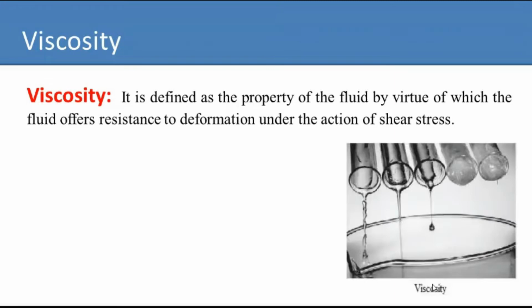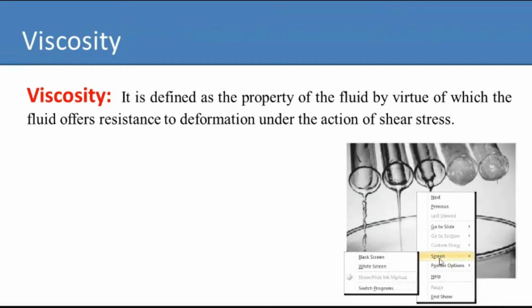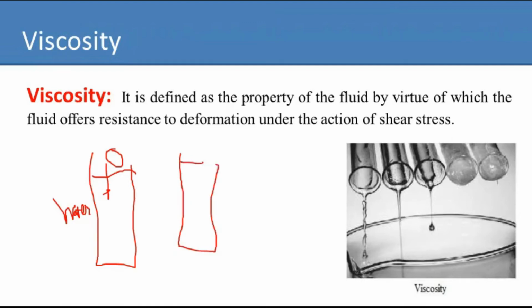What we saw in this video, when we drop the balls, is that you observed the velocity was different in each case. When you drop the ball in water, it was moving more quickly. When you drop the same ball in, suppose, honey or glycerin, the ball was moving slowly.